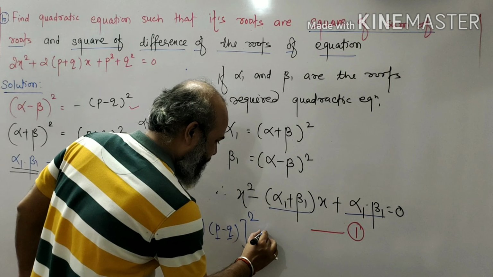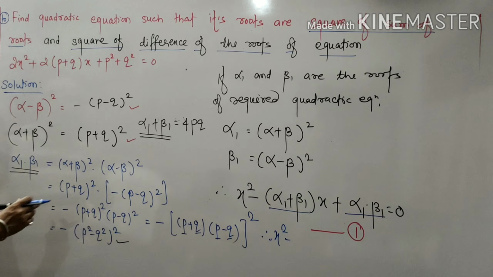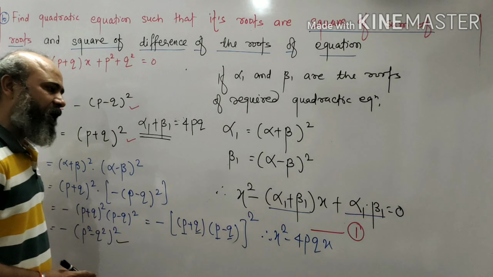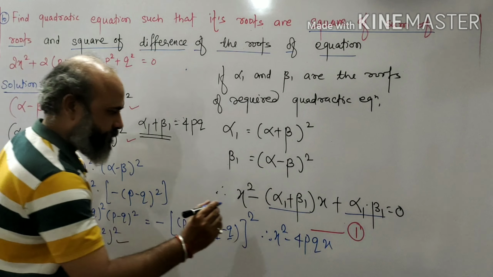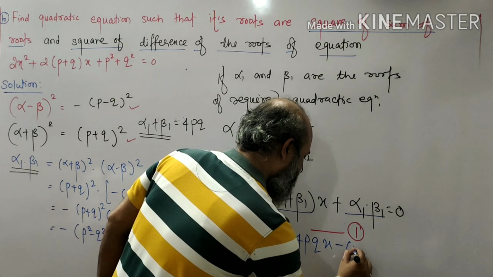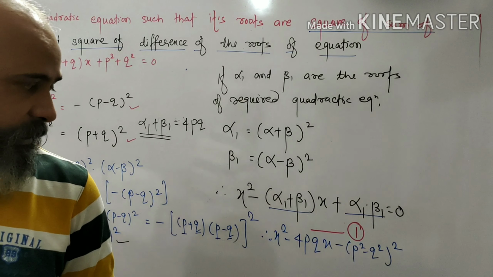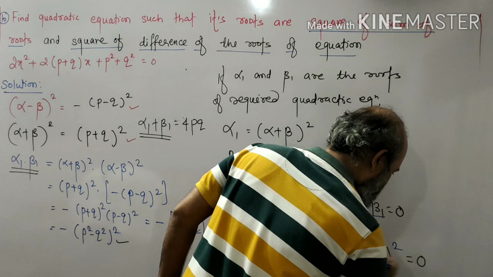So you will get x square minus 4pq x plus, alpha 1 into beta 1 is minus in bracket P square minus Q square the whole square. Okay student. So therefore x square minus 4pqx minus in bracket P square minus Q square the whole square is the required quadratic equation.